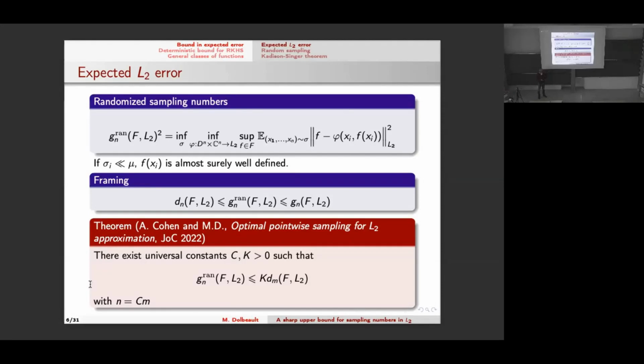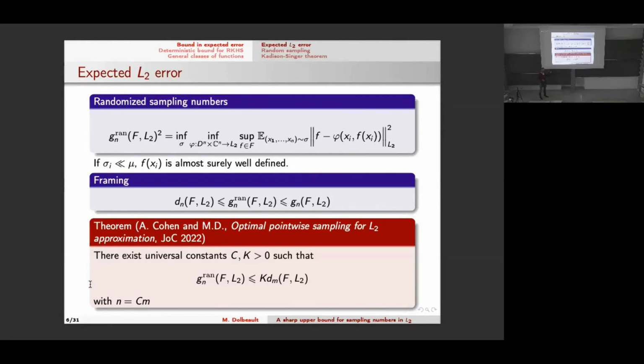Go ahead. So you changed the approximating function. Right, so it's not written anymore as a sum of f of xi times phi xi. Before it depended just on the values of f at the xi. Now the points xi themselves are not fixed since they are random, and so phi can also depend on the position of the xi.